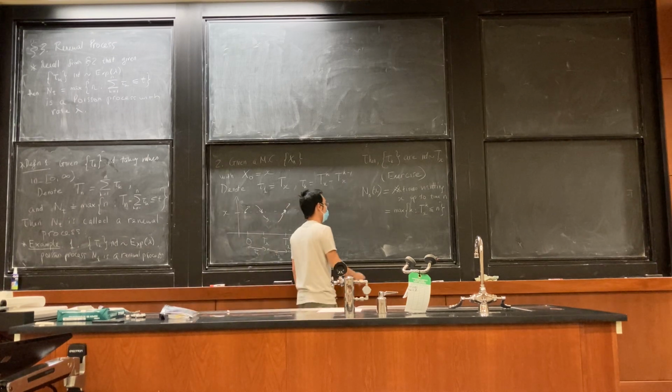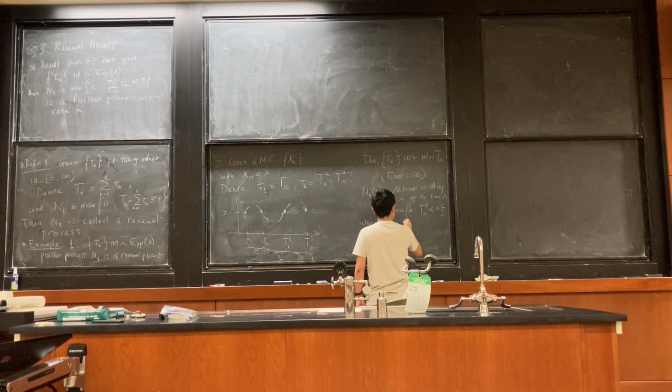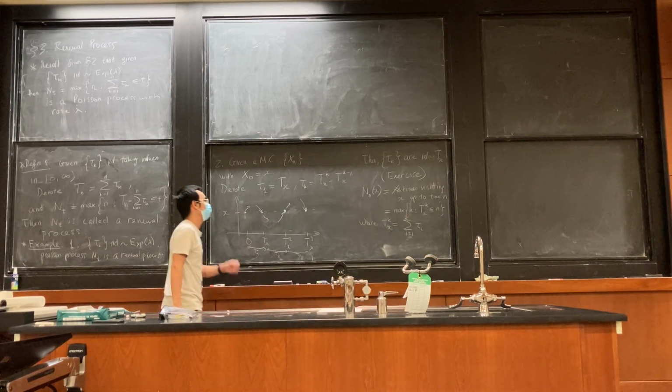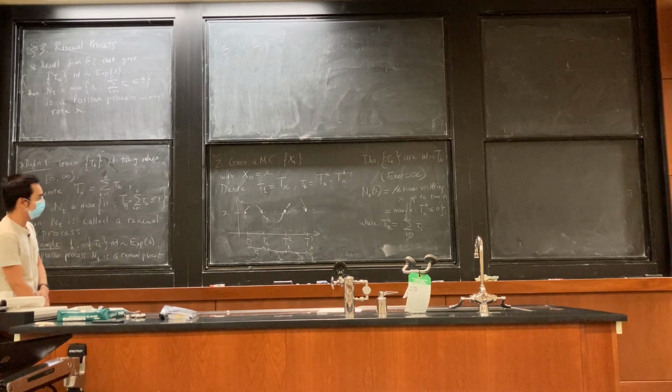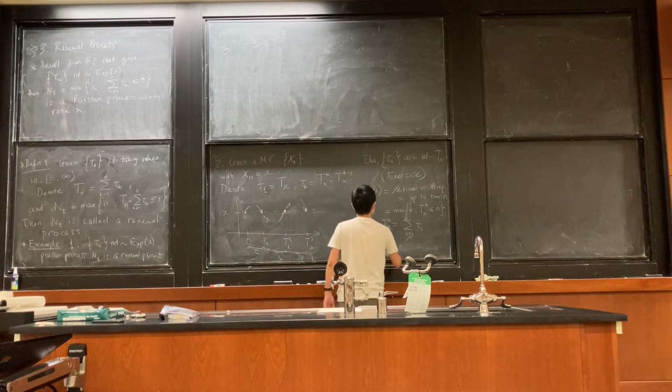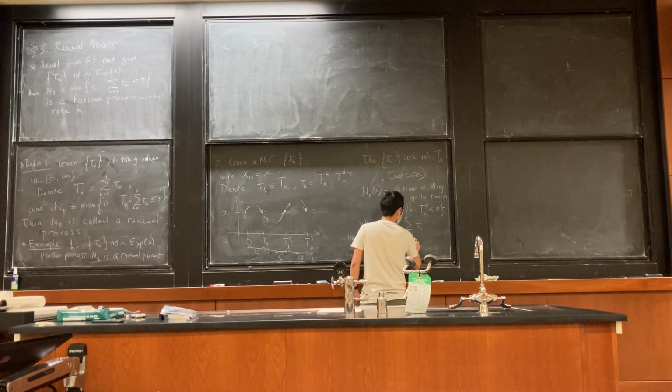Of course, T_k(x) can be rewritten as a sum of the tau, so T_k(x) is simply a summation of i from 1 to k of tau_i. Hence, I can call the number of times visiting x up to time n a renewal process.